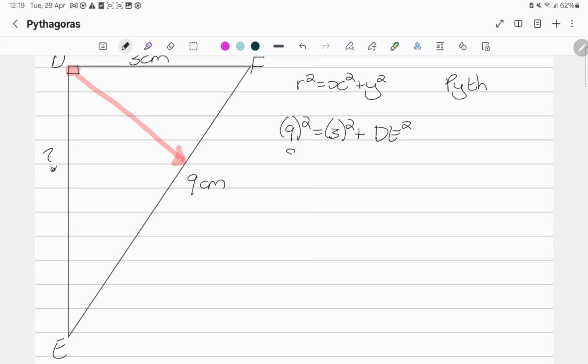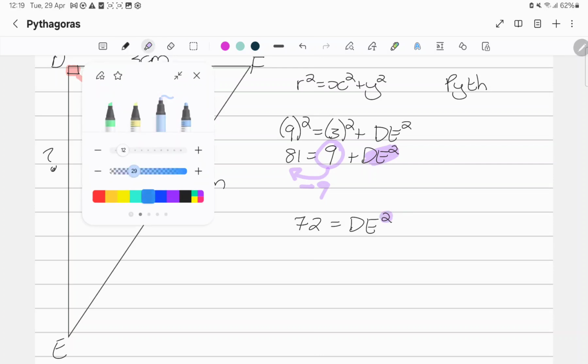So 9 to the power of 2 is 81. 3 to the power of 2 is 9 plus DE squared. Now once again, I need to get DE alone. So what am I going to do with this 9? I'm going to take it over, and then it's going to become minus 9. So I have 81 minus 9, which gives me 72. And then last thing, I need to get rid of this square.